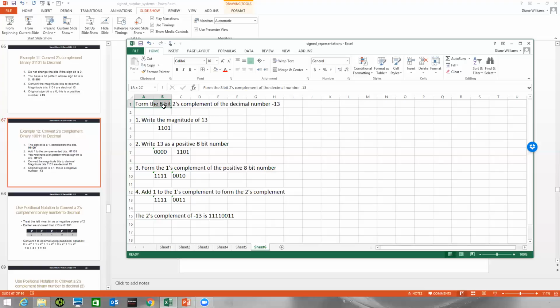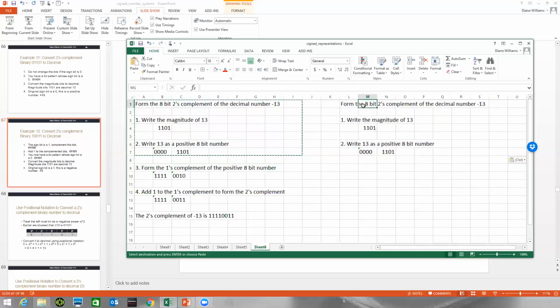So let's do the same thing here. I'm just going to copy this over here. We're going to form the 8-bit 2's complement of the number minus 13. So we write the magnitude of 13 as 1101. It requires 4 bits, so we want to form this into an 8-bit number.